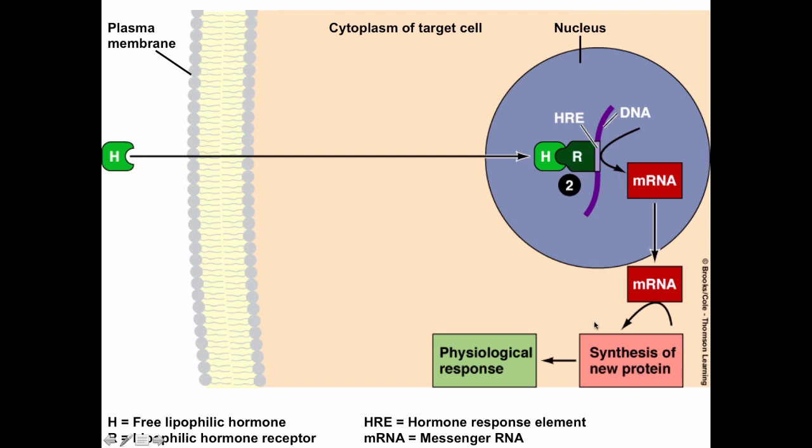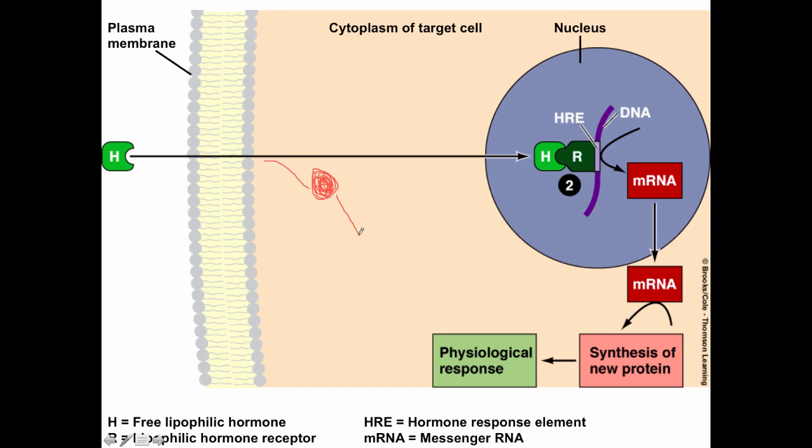Okay. Now, one additional thing to remember, however, is that for many lipid hormones, in addition to having a nuclear receptor, they may also have what we call a cytoplasmic receptor, meaning that they could have a receptor sitting within the plasma membrane. And if the hormone binds to that receptor, it's going to potentially trigger a second messenger system that brings about a response.